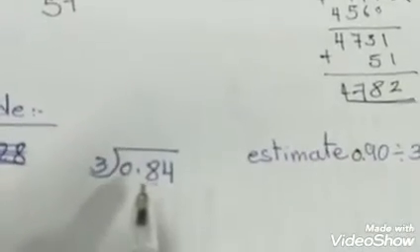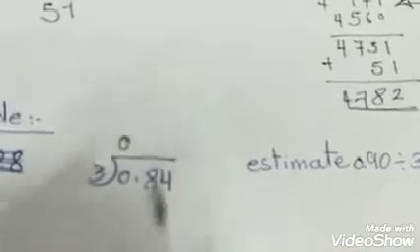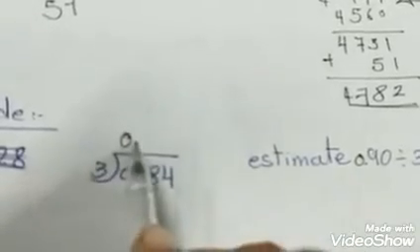Now, I will put 0 divided by 3. It will be 0 and I keep the decimal point as it is.